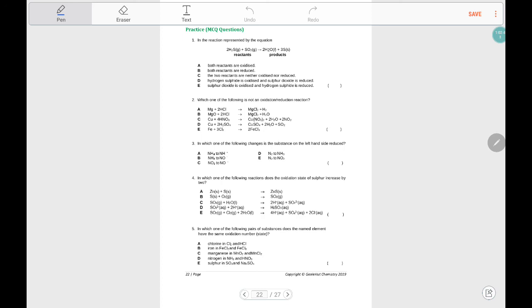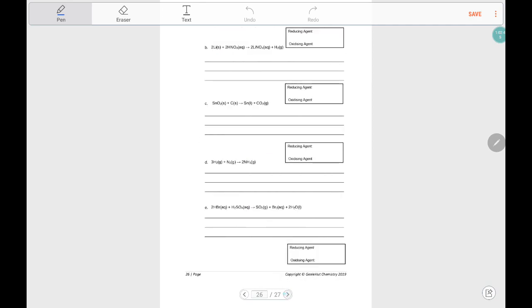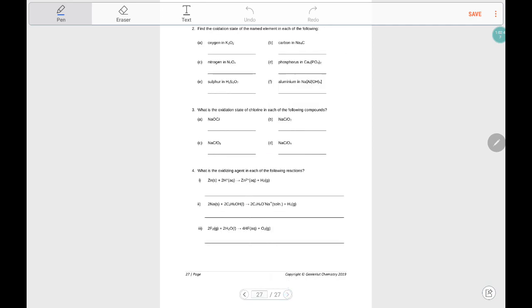So finish up all the MCQ questions here from page 22 all the way to page 27. Just give the questions a try. Finish up all the questions in these notes, and I'll see you later.